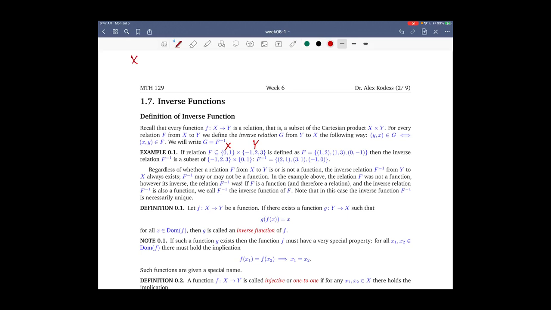In this case, X times Y will be the set containing the pairs (0, -1), (0, 2), (0, 3), (1, -1), (1, 2), and (1, 3). My relation F contains only a subset of these, namely (1, 2), (1, 3), and (0, -1).